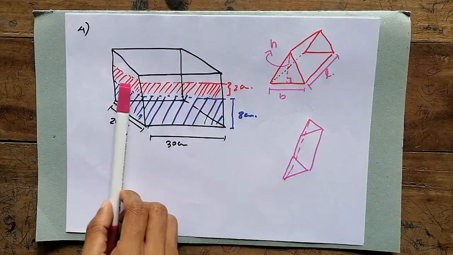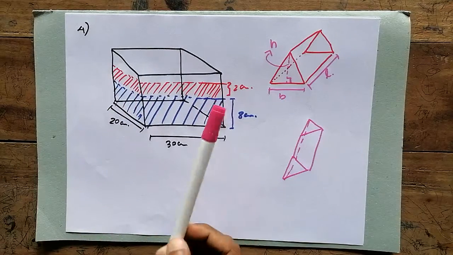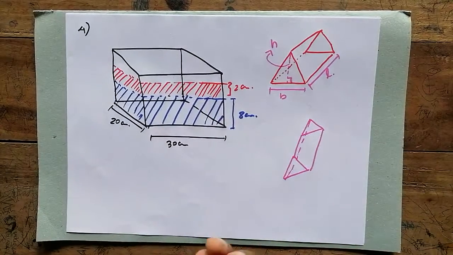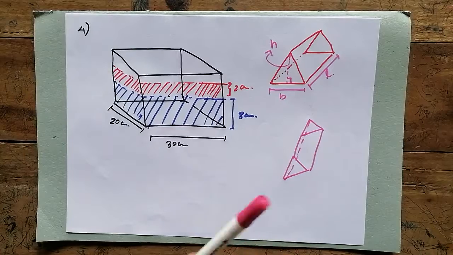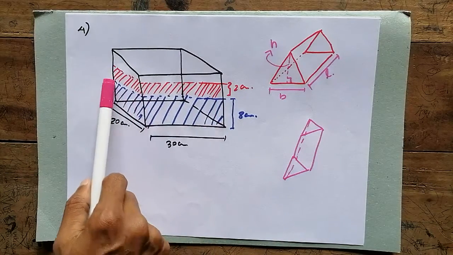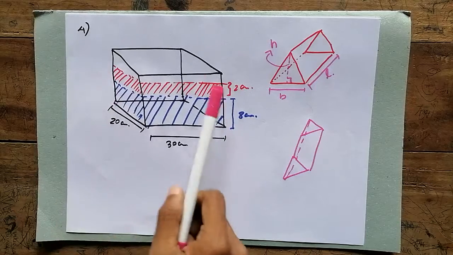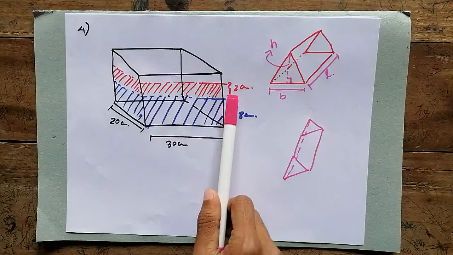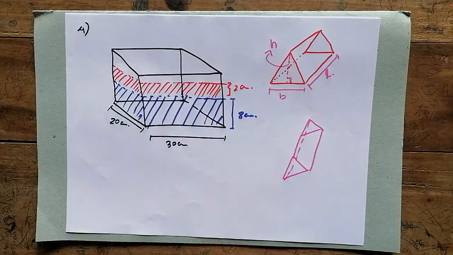The red part indicates the water level raised up. Can you find the volume of the water raised up? Yes, the length is 30 and the breadth is 20 because it is in the same cuboidal shape. The height is 2 centimeter.